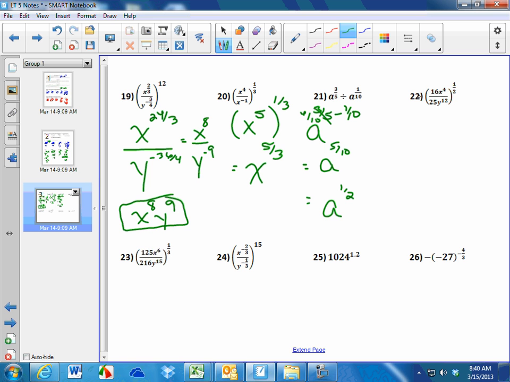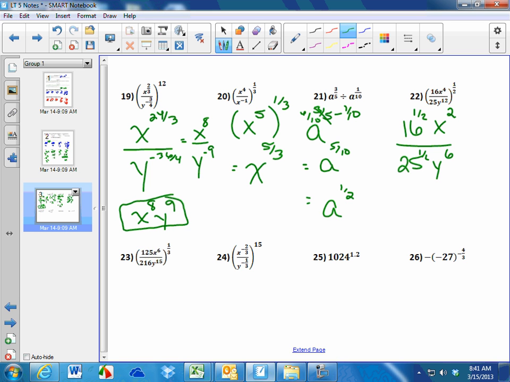22. There's a practice problem on the board for 22, and you squared everything, right? So we're going to take the square root of everything. This will become 16 to the 1/2. x to the 4 times a half, so x to the 2 over 25 to the 1/2 times y to the 12 times half, y to the 6th.